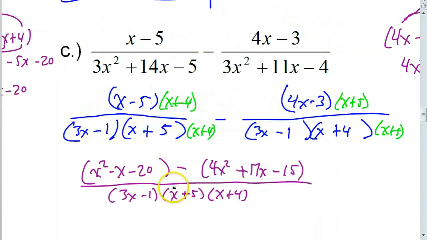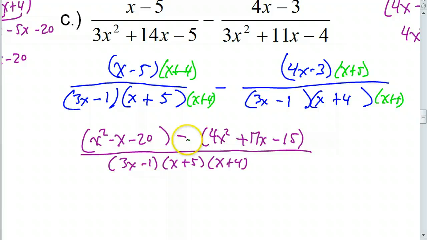Wait, did I? So this negative sign has to distribute. Again, I'm just going to do it right here live to avoid having to recopy the whole thing. So I hope you're watching because I'm about to modify. This negative sign is about to come through and change all the signs here. If I take away the parentheses, this positive 17 is going to become negative 17, and this negative 15 is going to become positive 15.